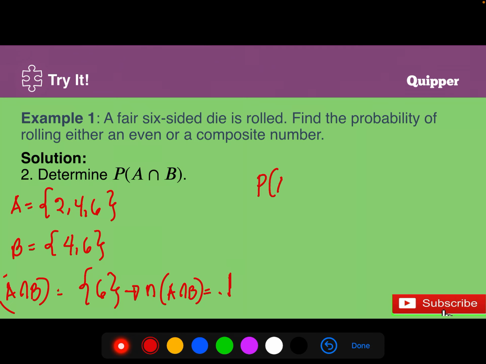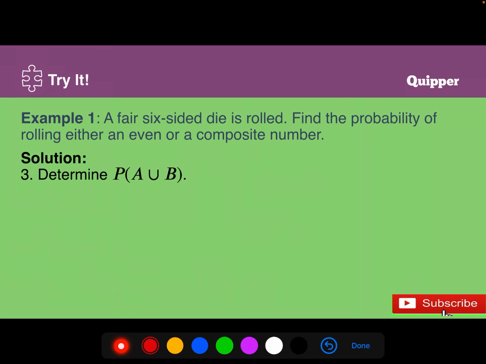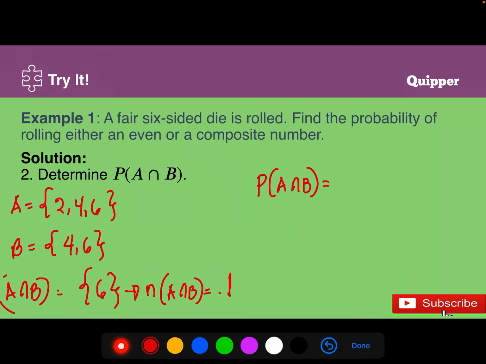So finding the probability of A intersection B, that is n of A intersection B over n of S. That is only 1 out of 6.